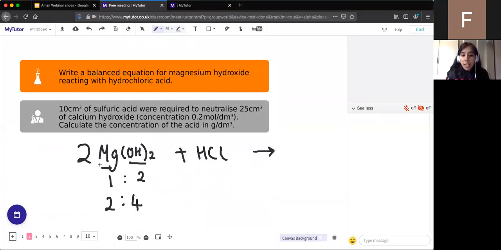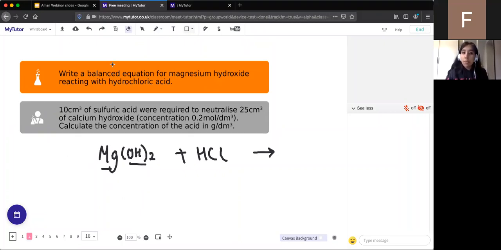So the numbers in the actual compound relate to the ratios, but any big numbers in front of the compound just multiply that ratio. You can see the ratio has not changed, it's still 1 to 2, it's just a multiple of it. Whereas when I did Mg(OH)2, that was making that ratio 1 to 2.